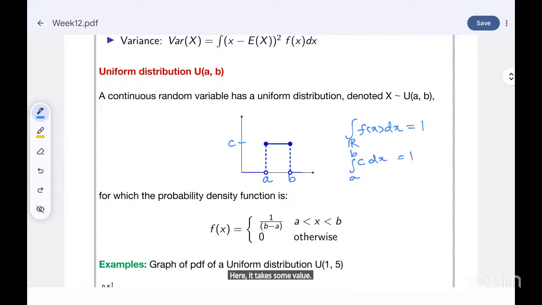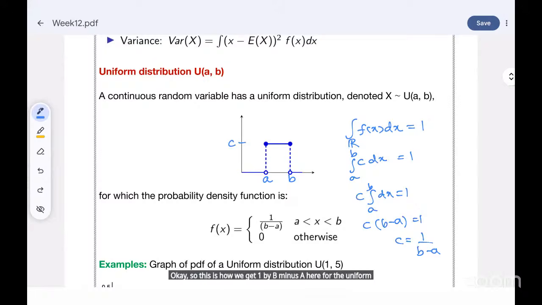So this is equal to 1. This is nothing but c times the integral a to b dx, which is c times b minus a. So your c should be 1 by b minus a. Okay, so this is how we get 1 by b minus a for the uniform distribution.